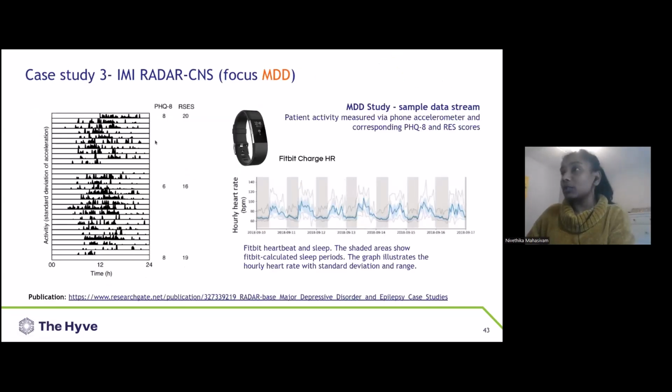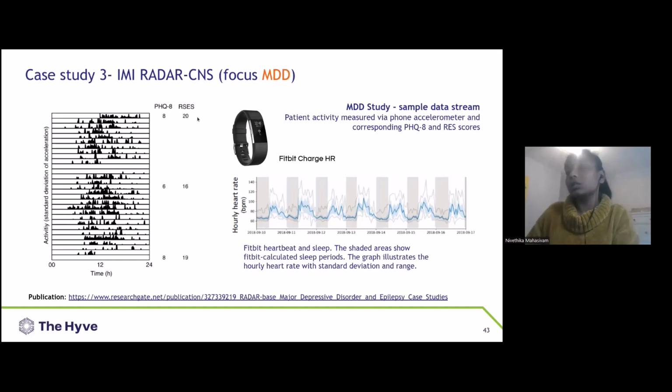So this is the next use case where it was from the same project but focused on major depressive disorder. So in the depressive disorder, they were interested in studying how, for example, a particular participant's mood is behaving and how their activity is comparing to their mood behavior.